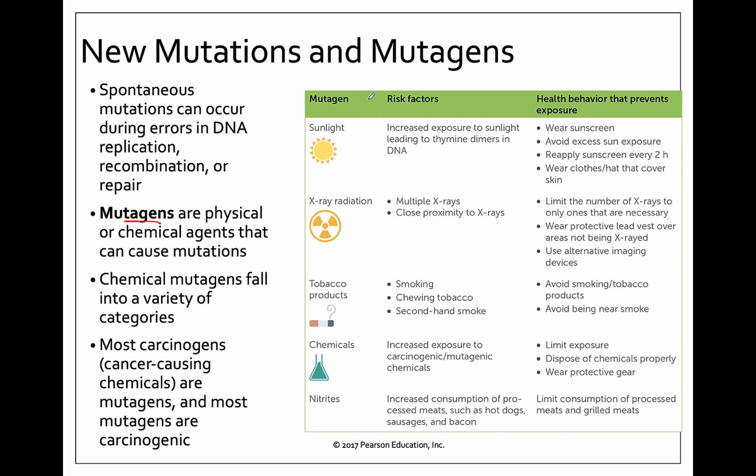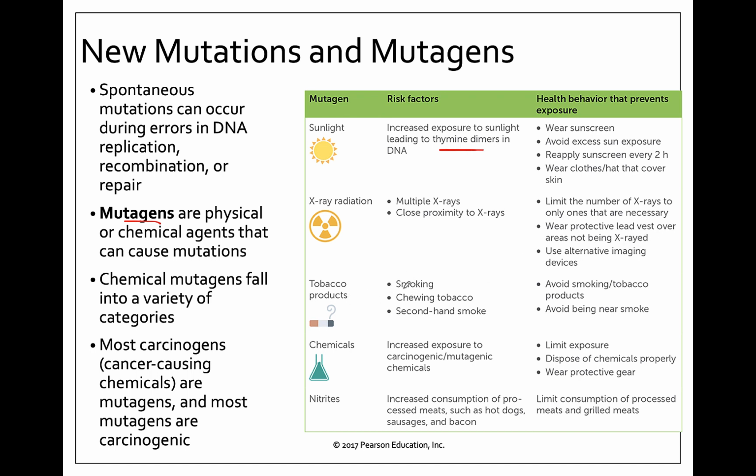So some common mutagens, UV radiation, which is going to lead to thymine dimers, possible exposure for skin cancer. X-ray radiation can cause cancer, so many of the early studies of X-ray radiation caused early death in those scientists. We know that wearing a lead-lined vest can help prevent the X-rays from entering.